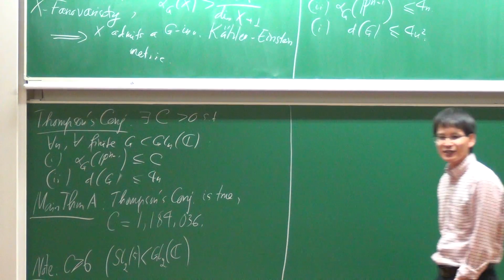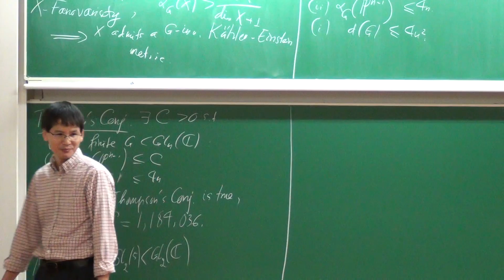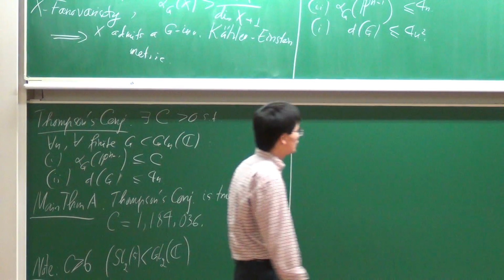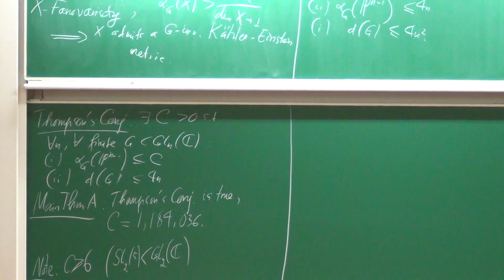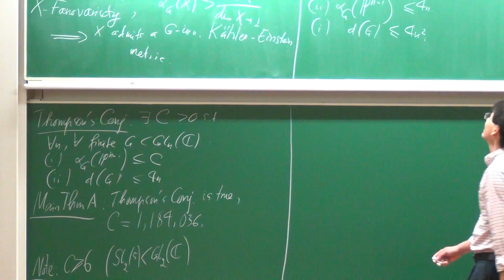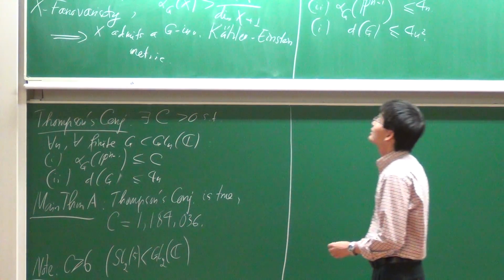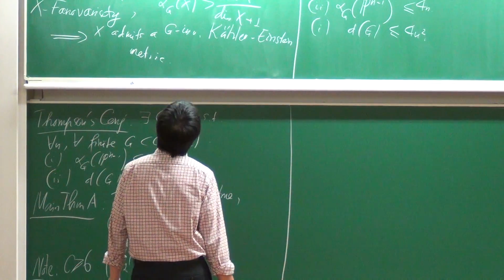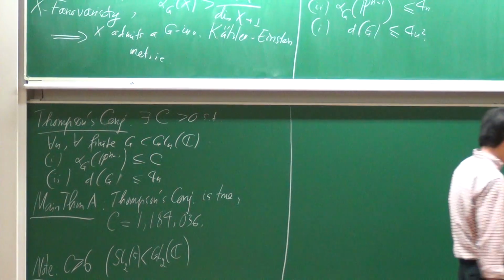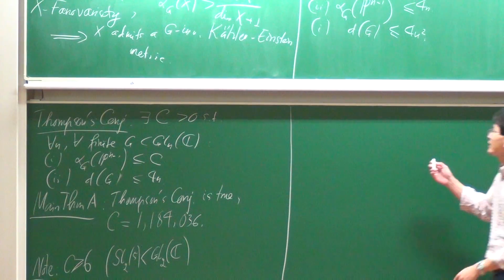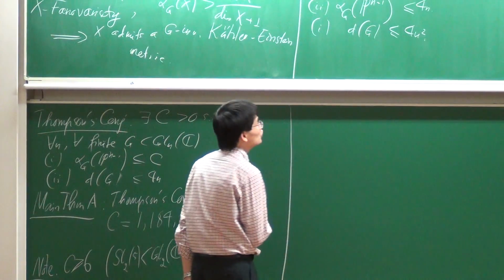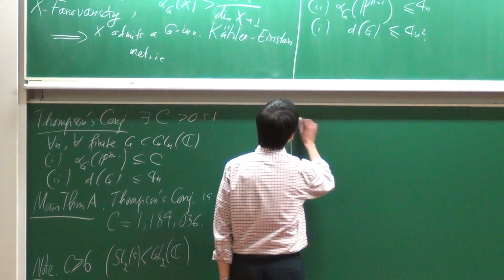So 6 should be the smallest one, but maybe it doesn't do it for the conjecture. Okay. Right. So now let me talk about some of the main ideas behind the proof of this theorem. So let me begin by telling you how John Thompson proved this theorem.